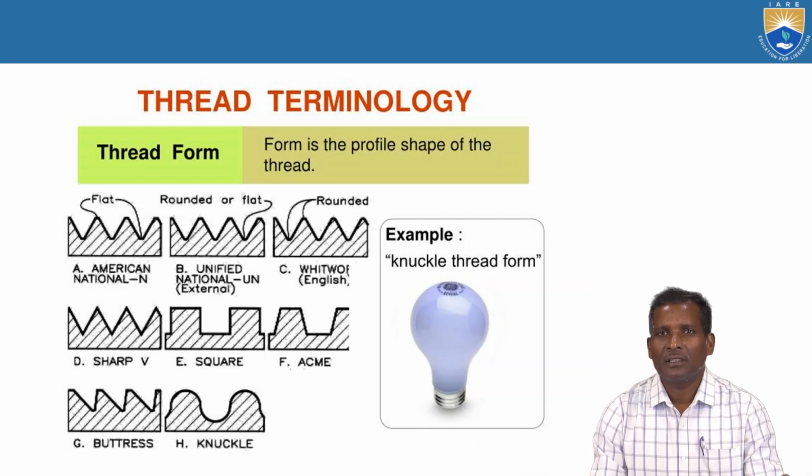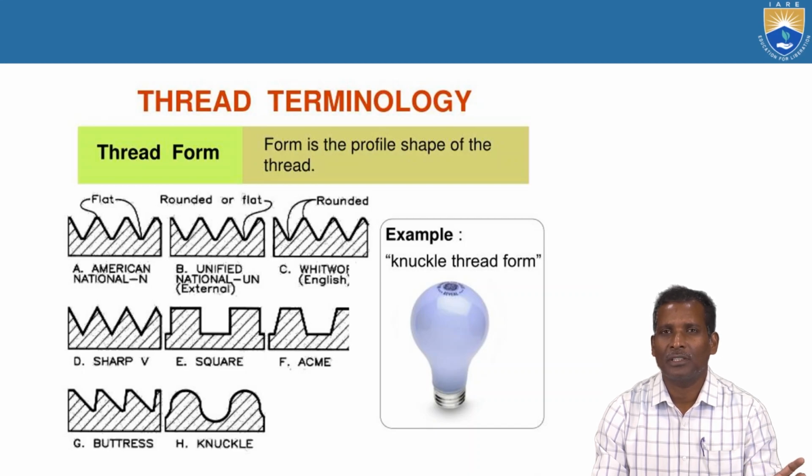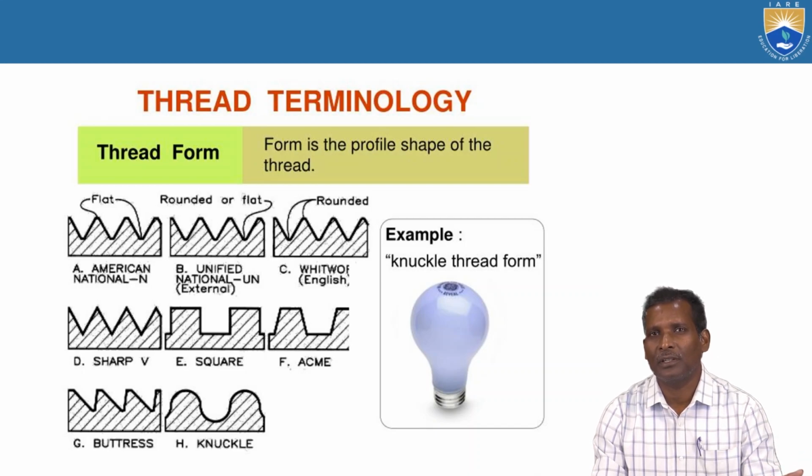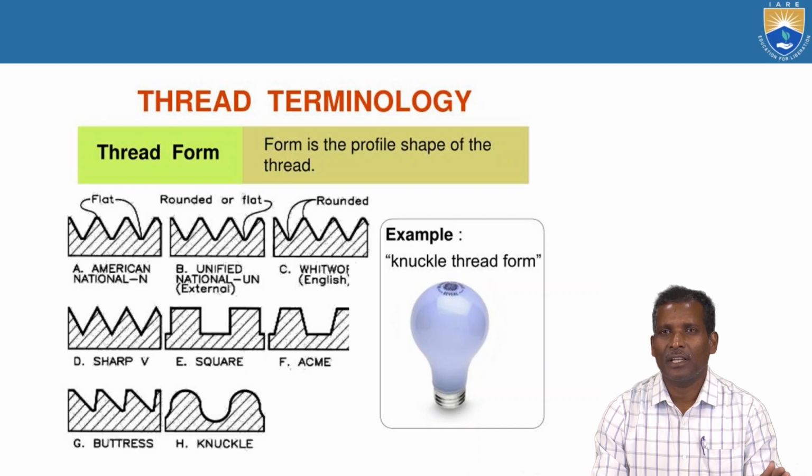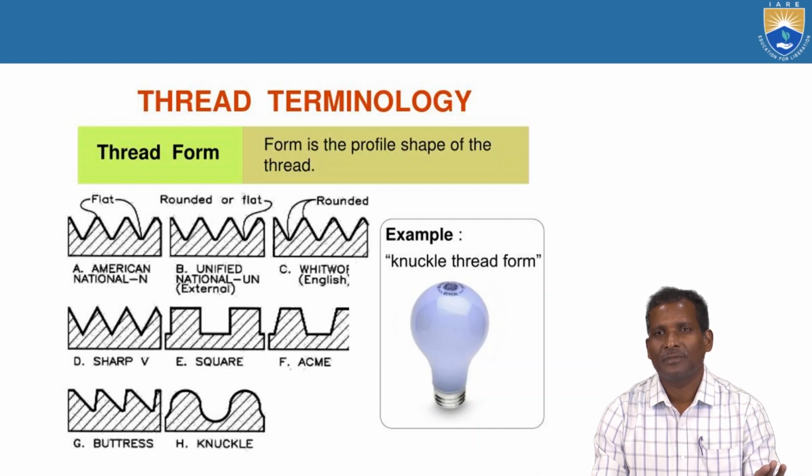Next one is thread formation, the type of forms. The form is nothing but the profile shape of the thread. So according to the shape of the thread, threads are again classified into different types. One main classification is external thread and internal thread. Another is right hand thread and left hand thread.